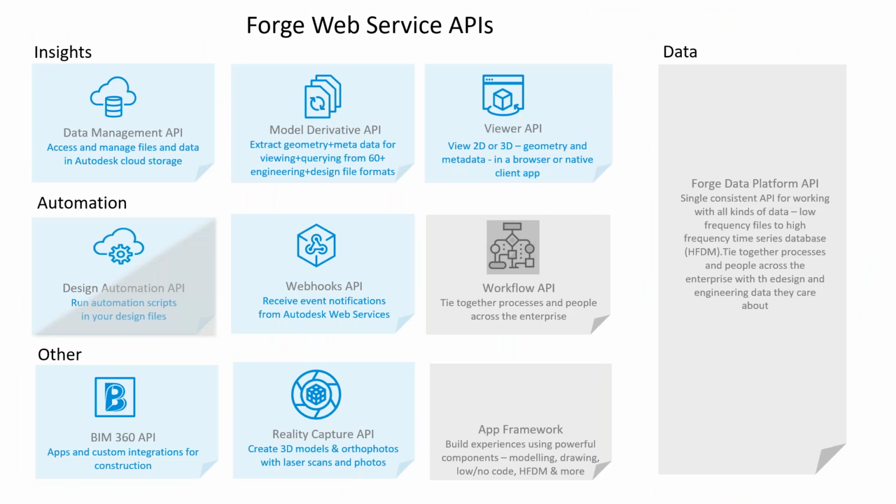Right. So another aspect, as I mentioned, the different services, you can also catalog them as what are they doing, if you will, in what aspect are they being used? So I mentioned insights. So obviously the data management API, model derivative, which is going to generate the viewable, and the viewer itself. Now, there is this second aspect, which is called automation.